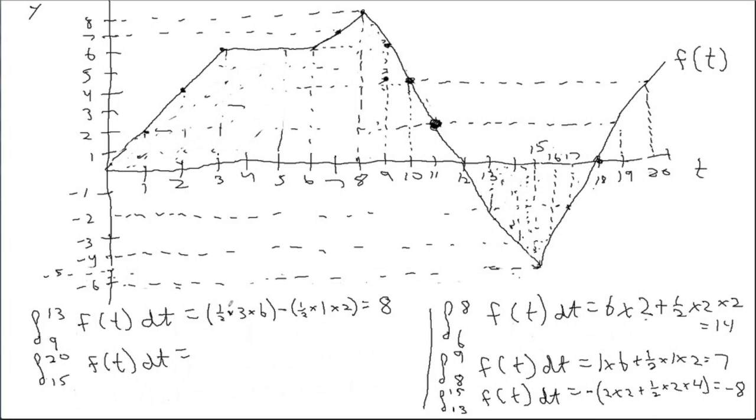So we have 4 minus, let's see, 3 minus 18, which is negative 15. So the definite integral of f of t between 20 and 15 is negative 15.